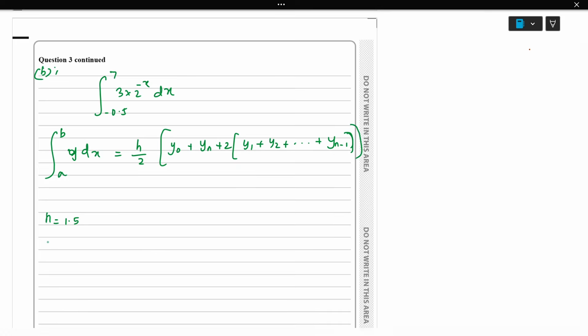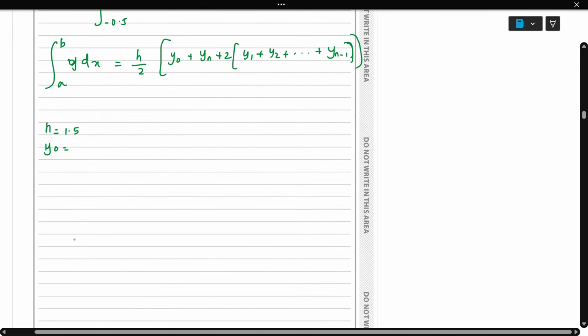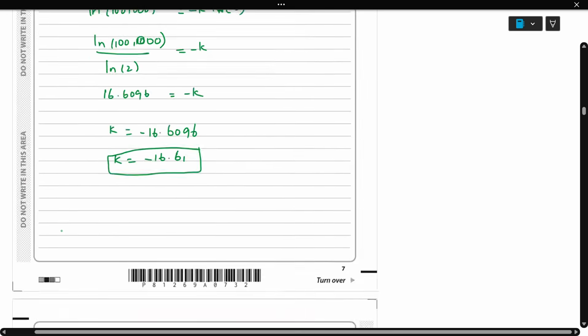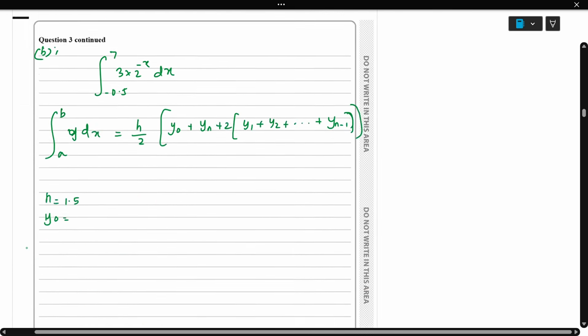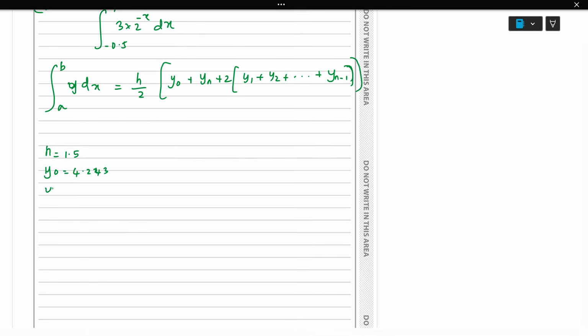Next we are going to find all the y values. y0 is the first value, which is 4.243. Next y1 equal to 1.5.